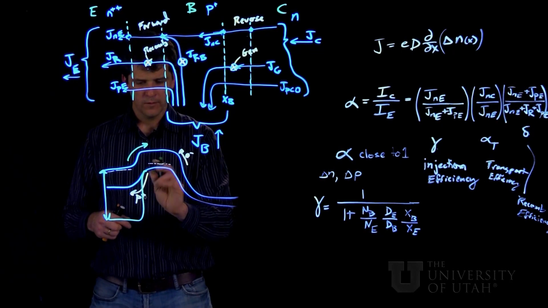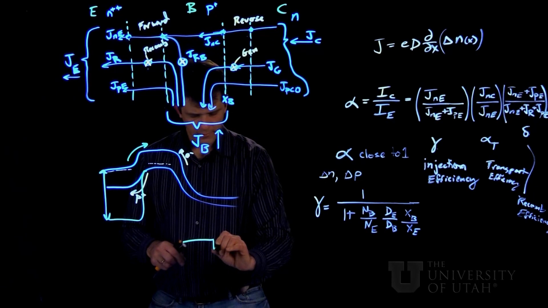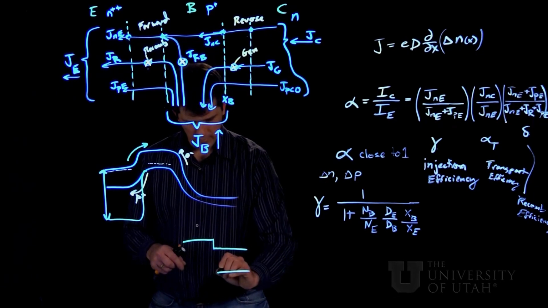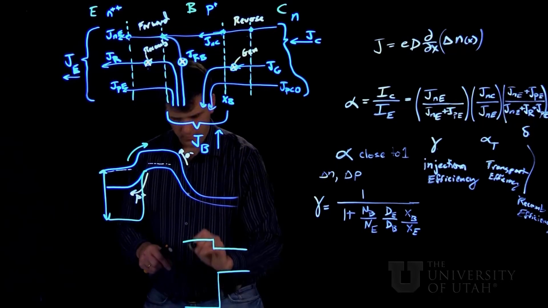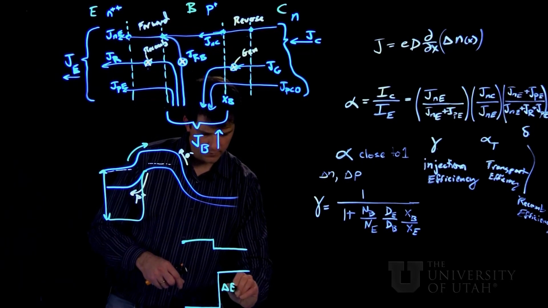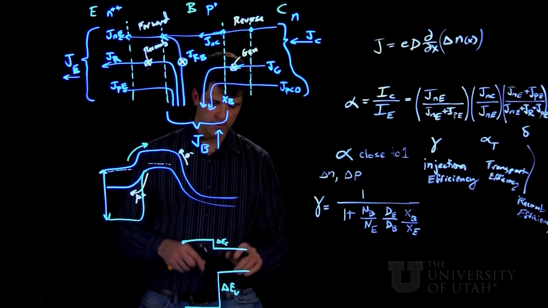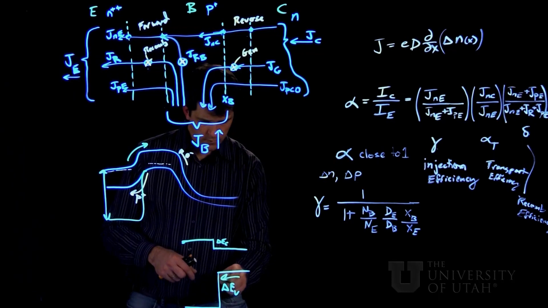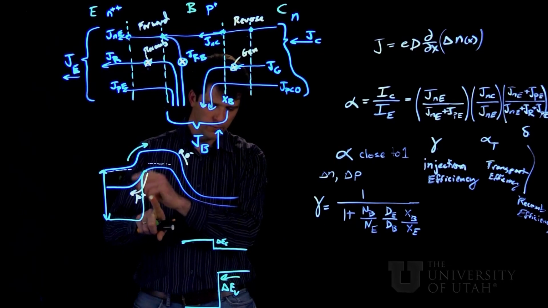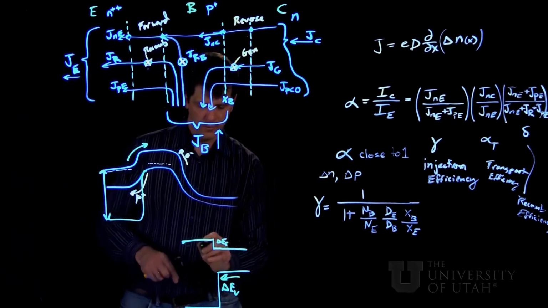So basically, if you have a band offset that presents a very large delta EV compared to a delta EC in a heterojunction, you can completely suppress the back injection of holes here and promote the injection of electrons.